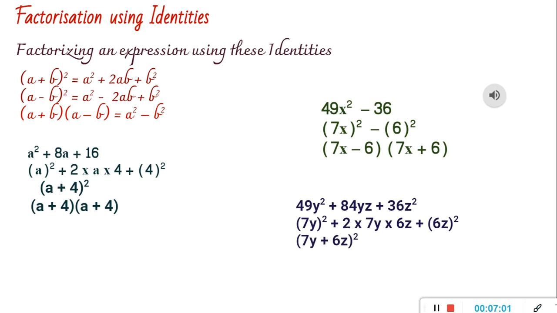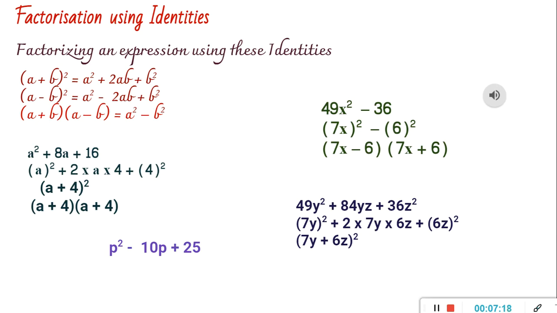Now, let us look at one more example. Here also you have three terms. What is the example? p square minus 10p plus 25. But this time the middle term has a negative sign, right?